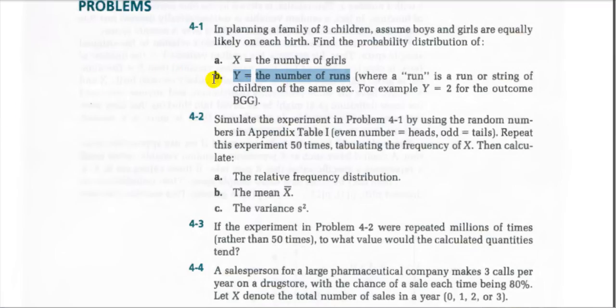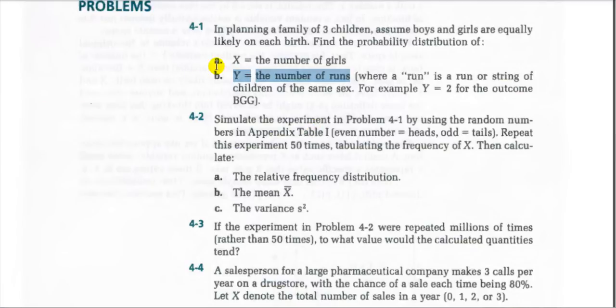So they said repeat this 50 times. Tabulate the frequency of x. So what was this? Sorry, even and odd. Instead of even and odd, I guess we could have boy and girl. So we'll let boy equal even and girl equal odd. And then we want to count, what is this? 3 children families.